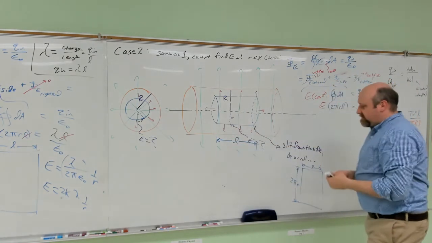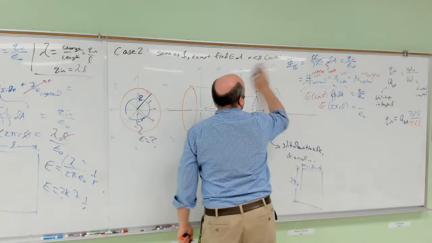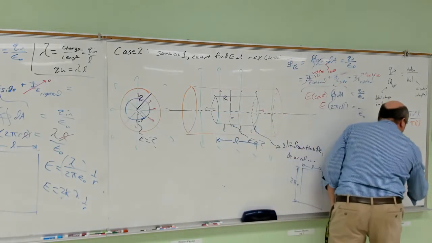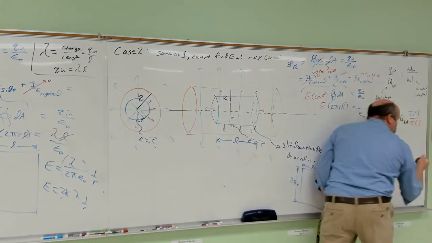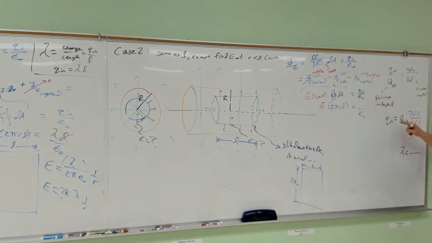But I can get it from lambda. We know that lambda is the charge per length, so for that length L, rearranging, lambda L will be the charge contained in that length L. So lambda L goes in for Q total.